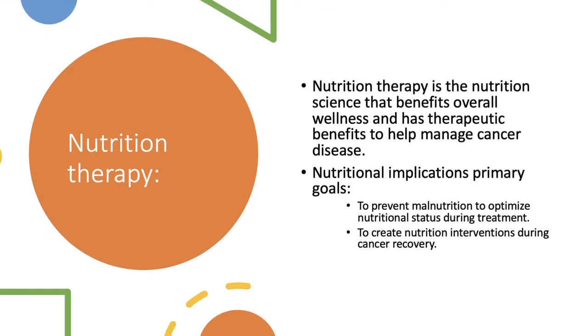Nutrition therapy. Nutrition therapy is the nutrition science that benefits overall wellness and has therapeutic benefits to help manage cancer disease. Nutrition implications' primary goals are to prevent malnutrition and to create nutrition intervention.